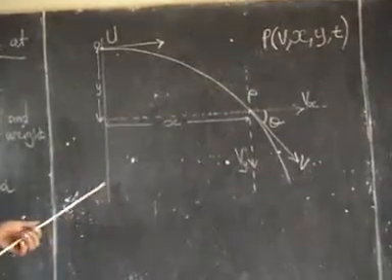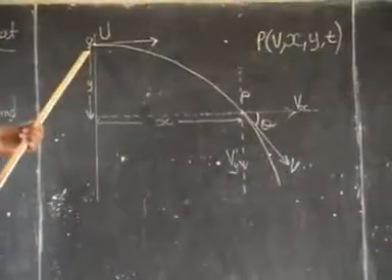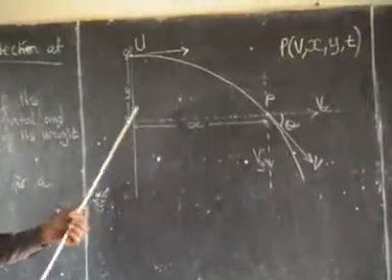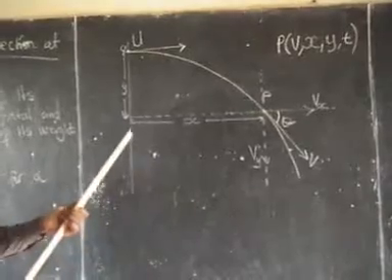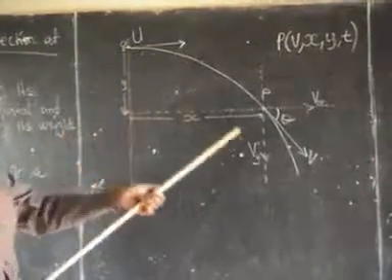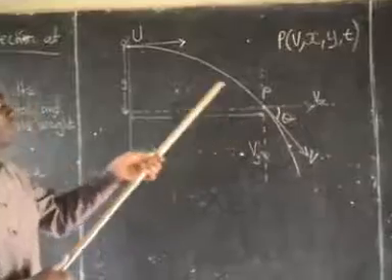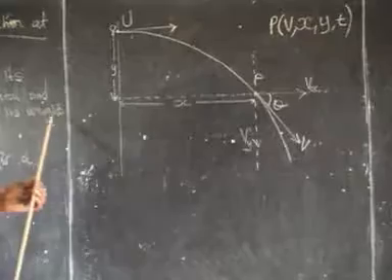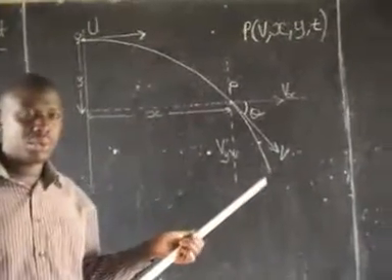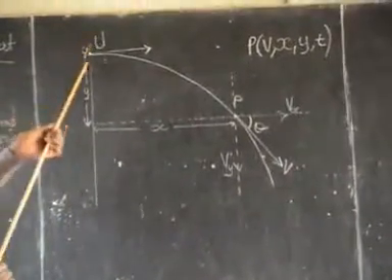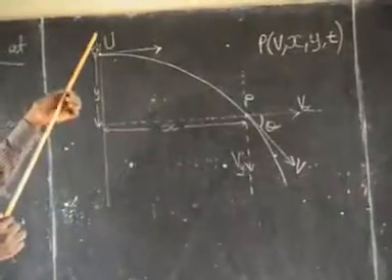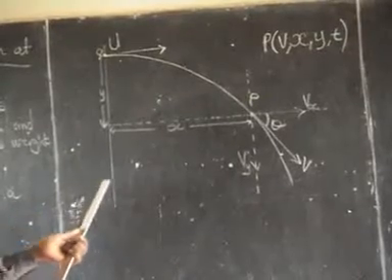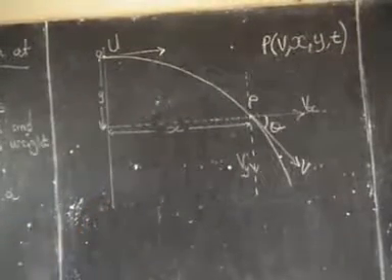What you have to note here, the motion along the horizontal, we've got no acceleration, and therefore the horizontal component Vx will remain the same as u, i.e. the body does not accelerate along the horizontal. However, when it comes to the vertical motion, the body will be accelerating along the vertical with the acceleration g, that is the acceleration due to gravity.